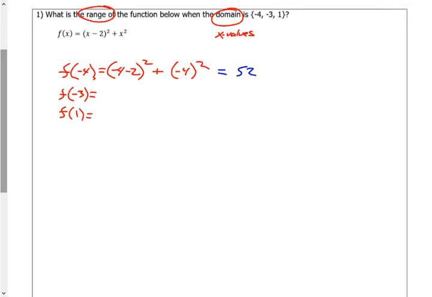So now the next one, the only thing that will change is that instead of -4, I'm going to write -3. So -3 minus 2 squared plus -3 squared. And I get 34. And then for the last one, instead of -3 or -4, I'm going to plug in 1.